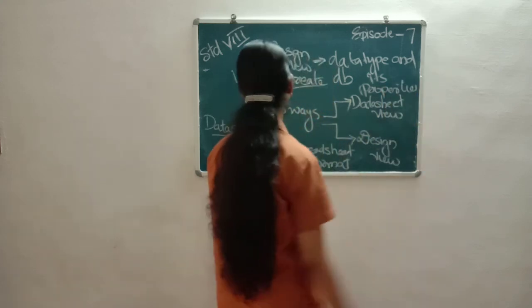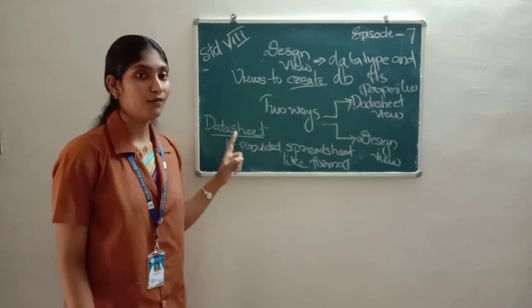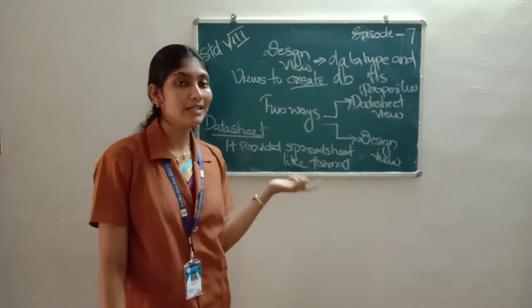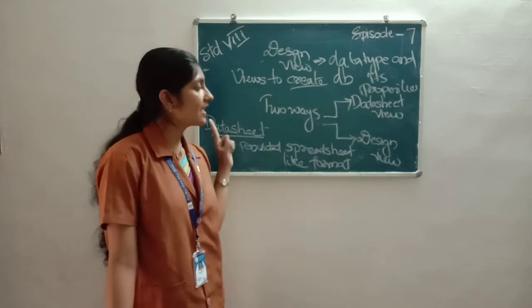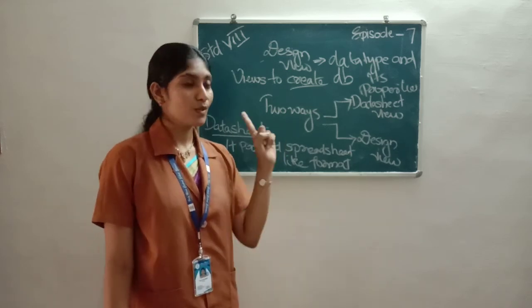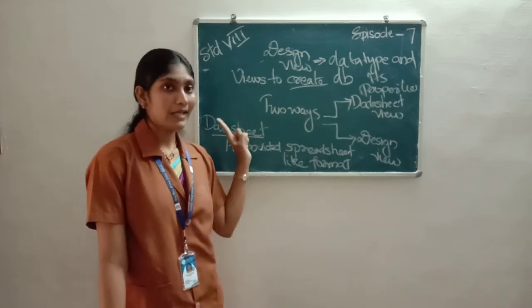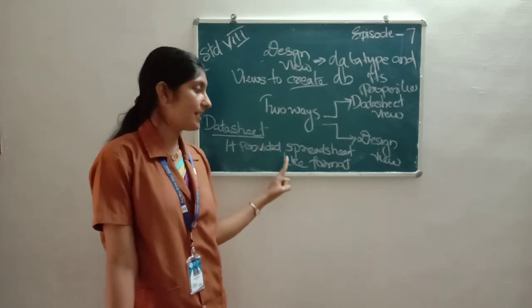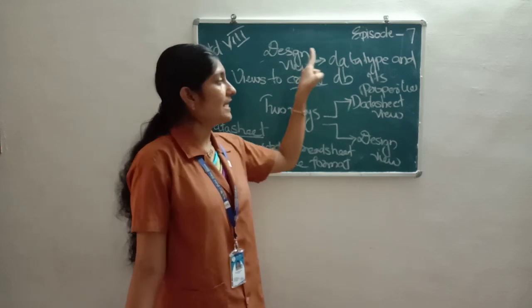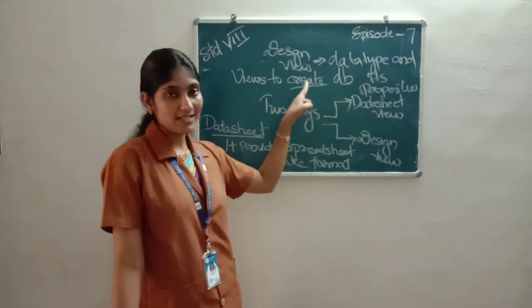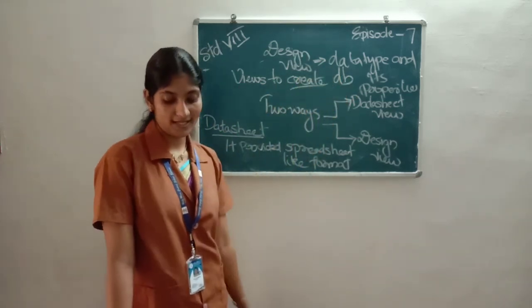So what are the two ways? First way to create the table is data sheet view, which provides a spreadsheet like format. And second one, design view, contains data types and fields and also its properties.